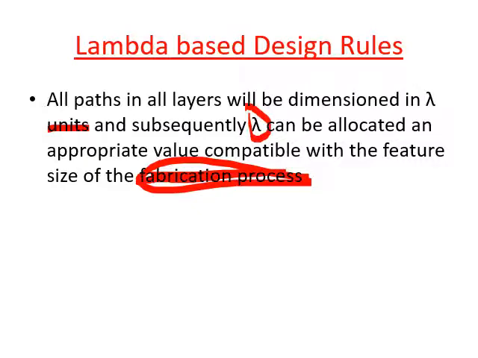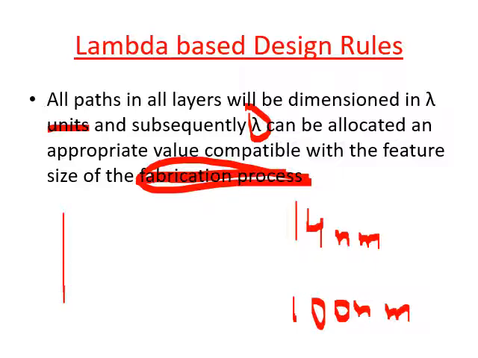Say it should be 14 nanometers, or it should be 100 nanometers, etc. So it is not fixed. If I am drawing two lines, then the distance between two lines can be lambda, and that lambda is not fixed.